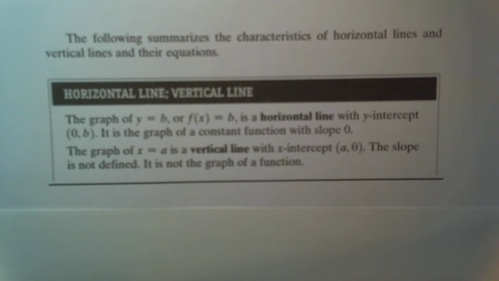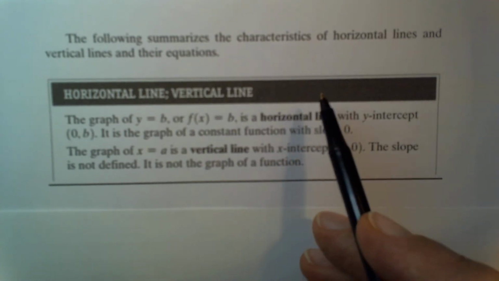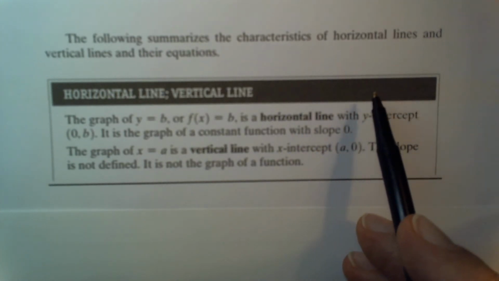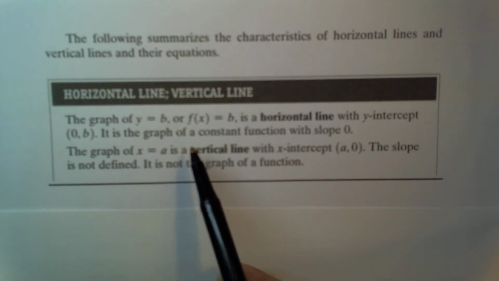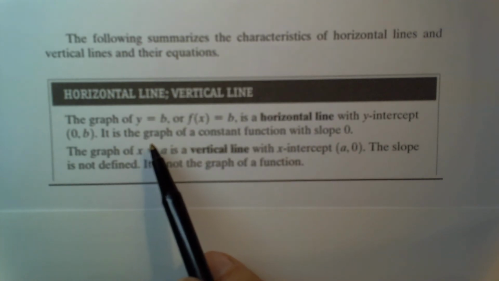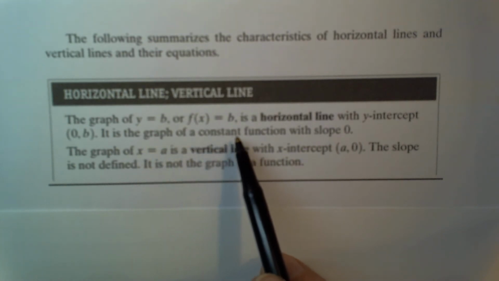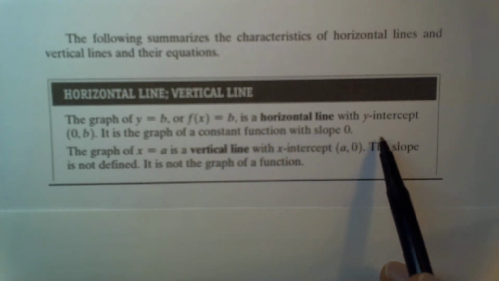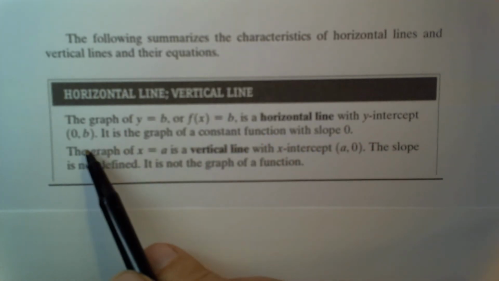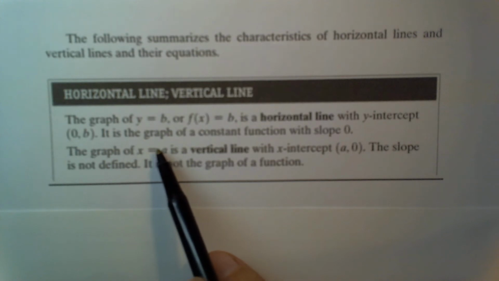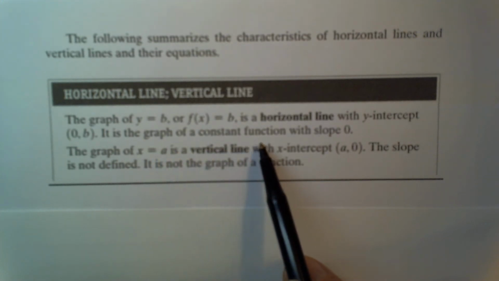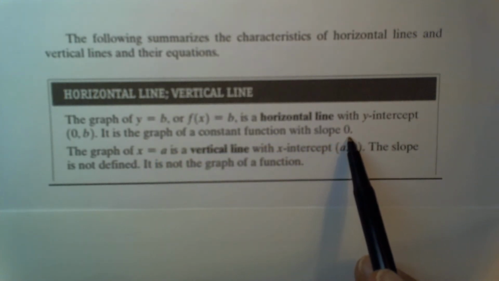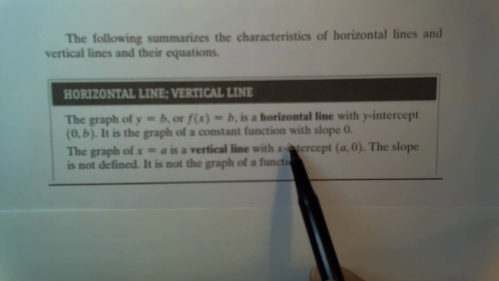The following summarizes the characteristics of horizontal lines and vertical lines in the equations. The graph y equals b, or f of x equals b, is a horizontal line with y-intercept 0, b. It is the graph of a constant function with slope 0. All these points are important.